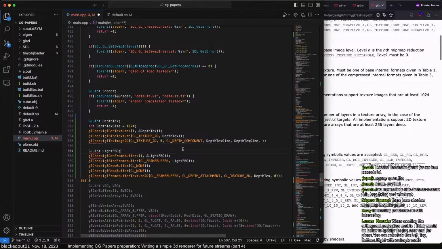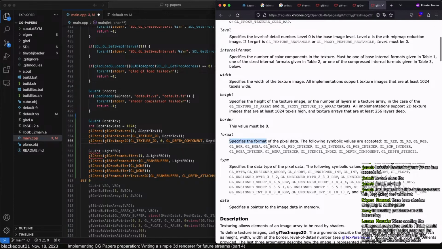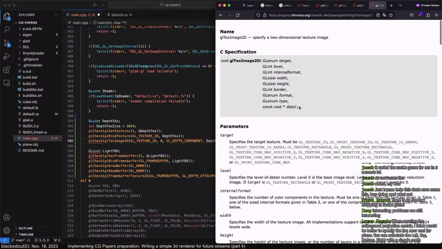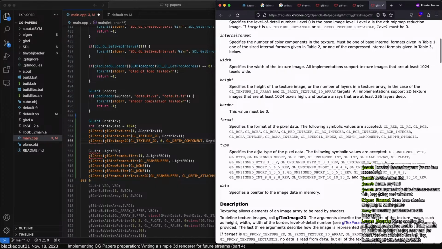Okay, it says the value must be 0. And now, because you can actually specify data that is in the texture from the start, you have to specify what format the data is in and what type the data is.